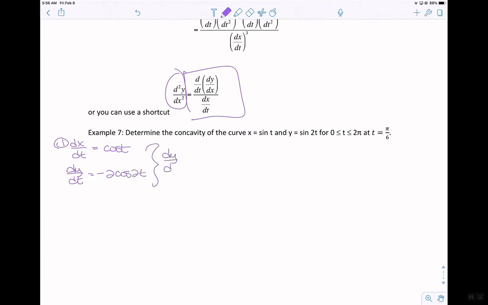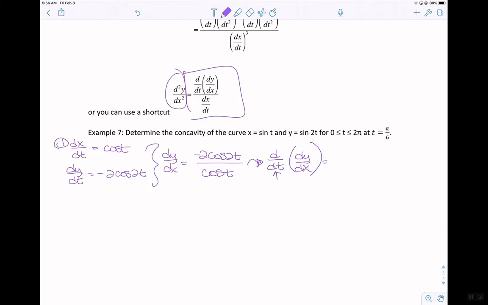So dy dx is equal to negative 2 cosine of 2t divided by cosine of t. And now I need to take the derivative of this. The notation I'm going to use is d dt of dy dx. That just means I'm taking the derivative of whatever is inside these parentheses with respect to time.